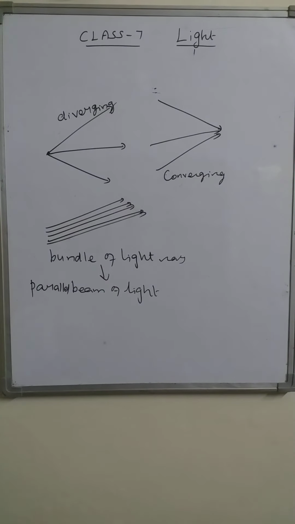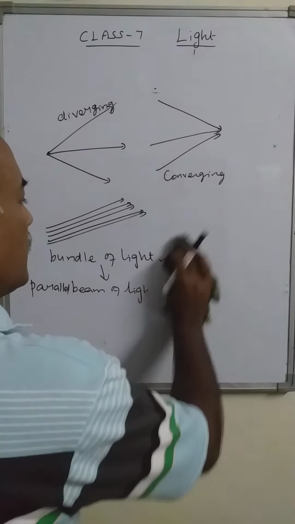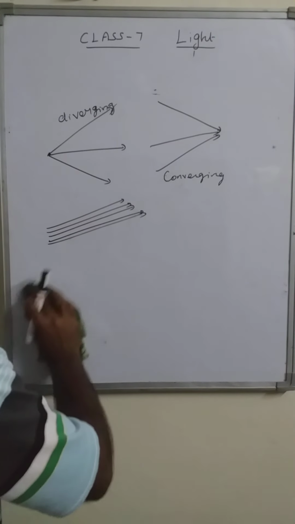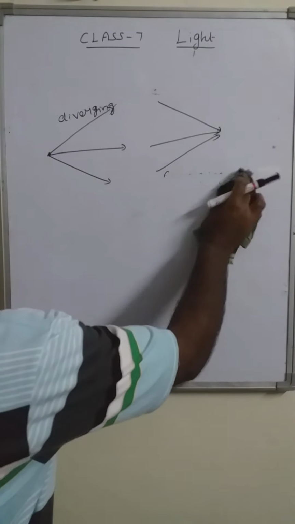So always we treat light as a beam: parallel, diverging, or converging. Whenever we discuss light, we take it as a ray or a beam of light.